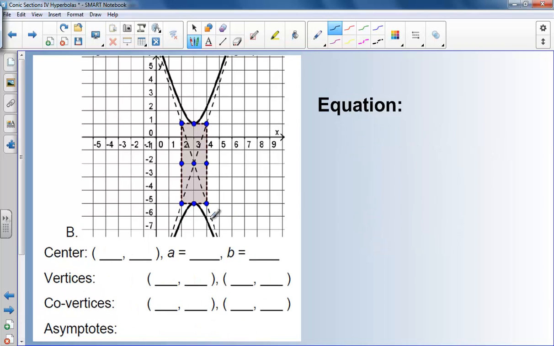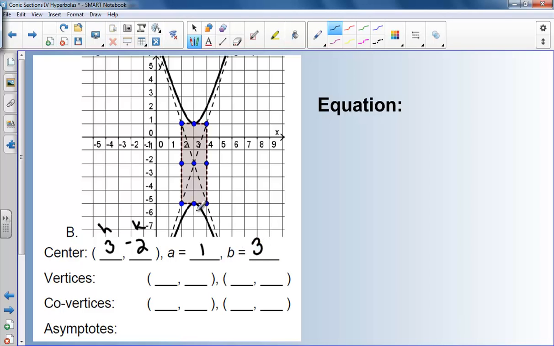Okay, so let's look at one then that doesn't open left and right. This one opens up and down. And my center in this one is right here. So my coordinates are 3, negative 2 for my h and my k. And my a value here is just 1. And my b value is 3.